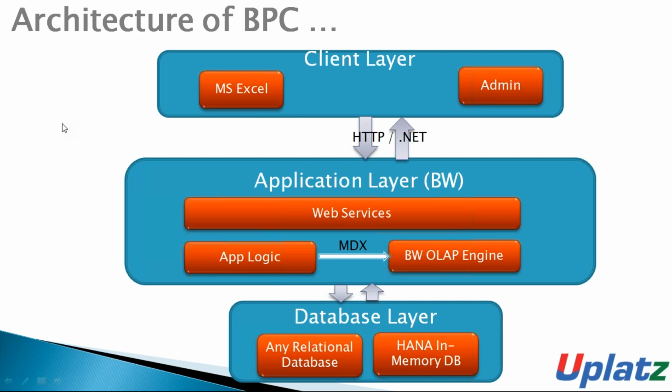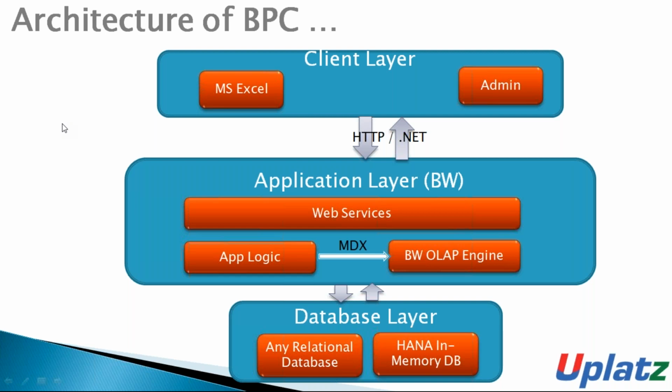We can use Oracle database, we can use MySQL database as a database layer for BW and for BPC. But after 10.1, if you take 10.1 embedded, we need to use HANA database as the mandatory database layer for BPC and BW as well. That architectural change I will explain in the later part.